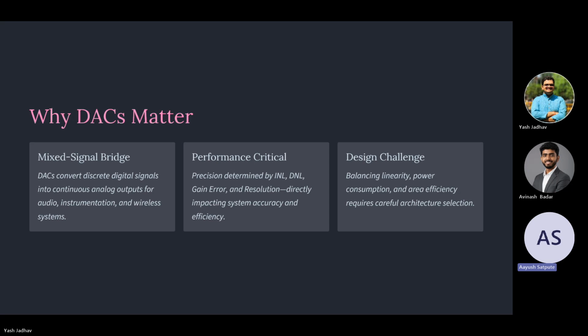So to interact with the real world, we need a bridge between the digital and analog domains. And this is exactly what a DAC, or digital to analog converter, does. In short, a DAC plays a crucial role in ensuring the digital signal we process can be accurately represented and used in the analog world. Next slide, please.